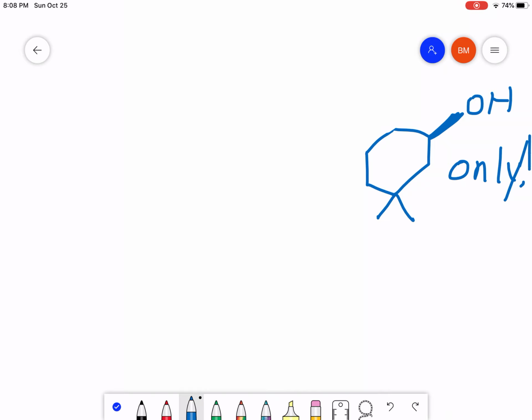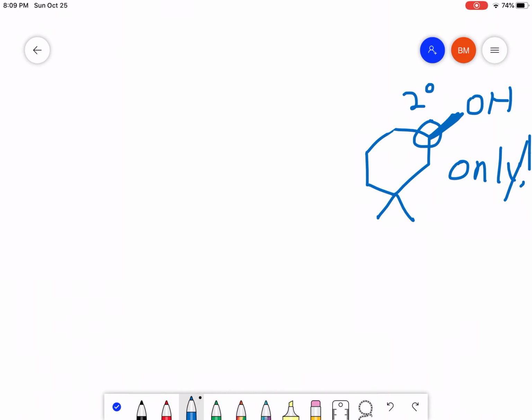That's important because of what we're going to see here. Let's look at this carbon that the OH is attached to. What type of carbon is that? That's a secondary carbon, right? So you're thinking, okay, maybe we could do either SN1 or SN2 to get this. But the stereochemistry should give you a little bit of a clue. We only want one particular stereoisomer.